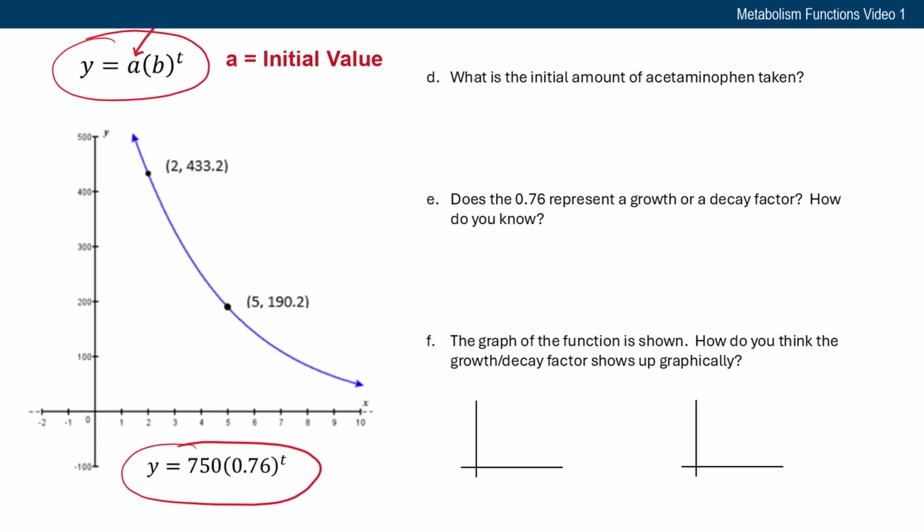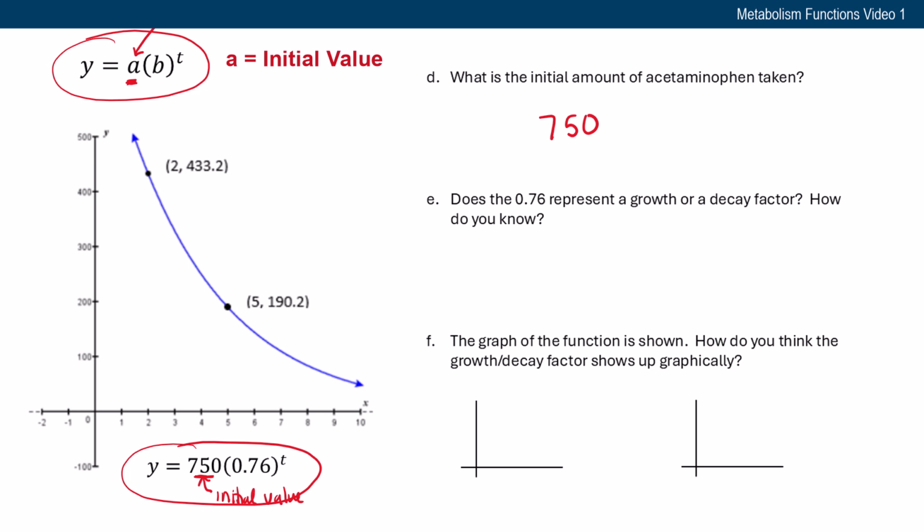So when we come down to this example, this 750 is in the position of the initial value, which means that there are 750 milligrams of acetaminophen or Tylenol taken. Again, we know that because of where it is located, comparing the exponential function and the equation that is given.